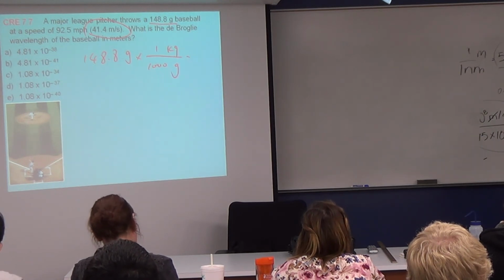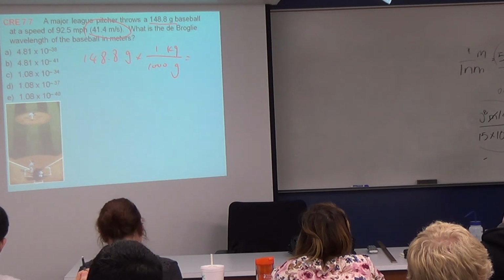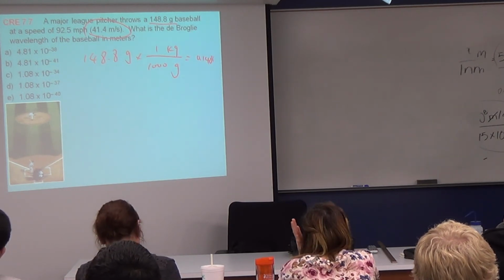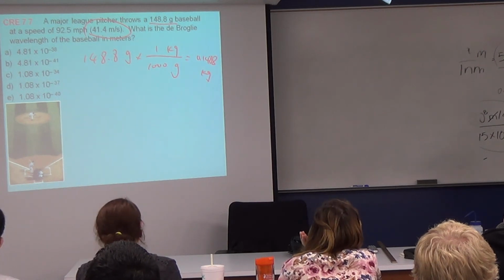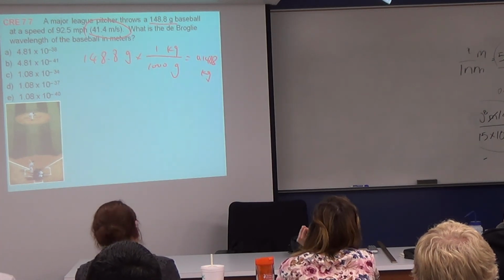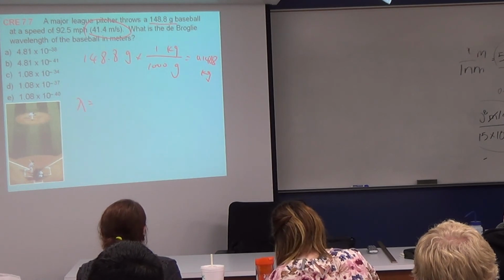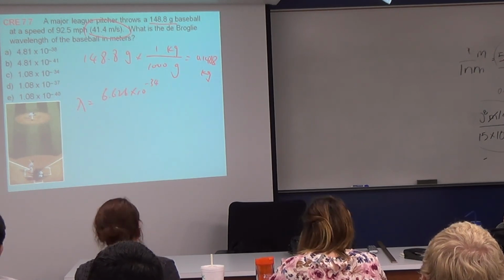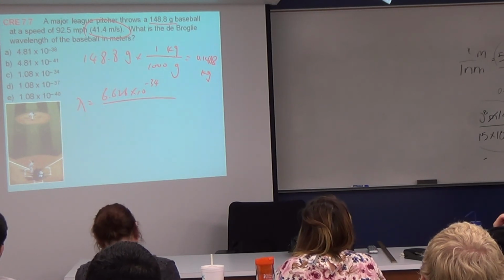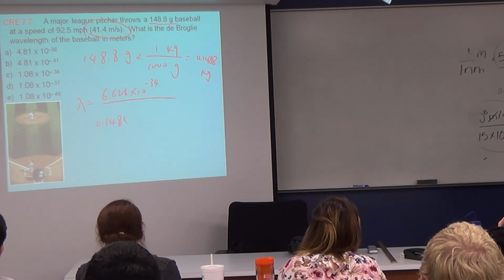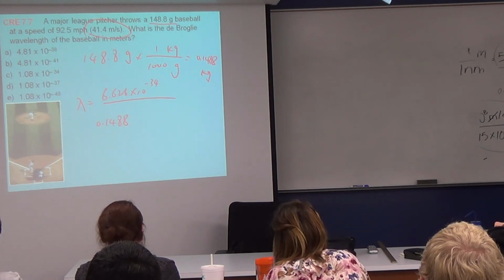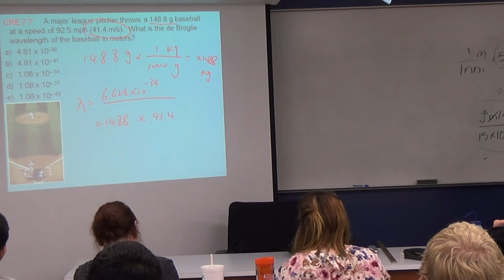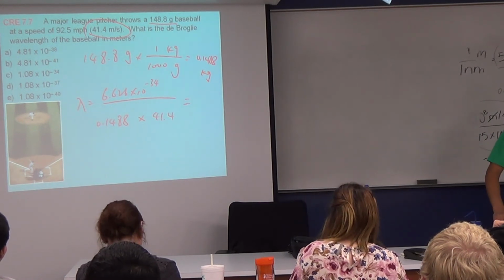So you get 0.1488, and that's in kilogram. Then now equals 6.626 times 10 to the negative 34. Then skip those, you get 0.1488, so this is kilogram, and then times 41.4. Check that with the numbers.